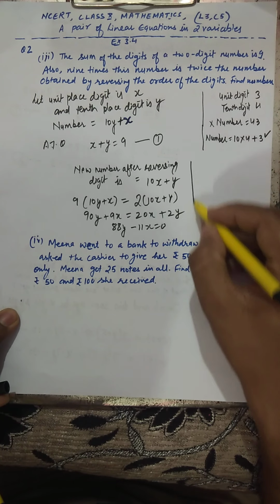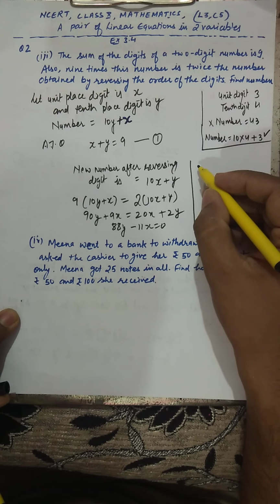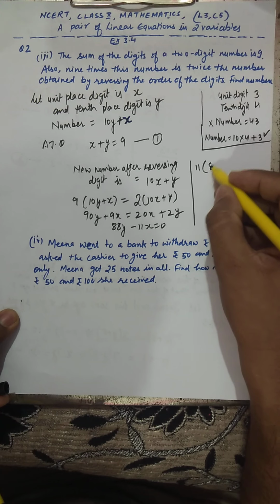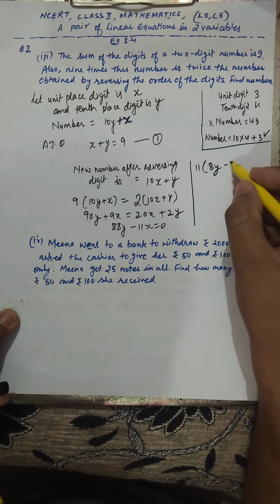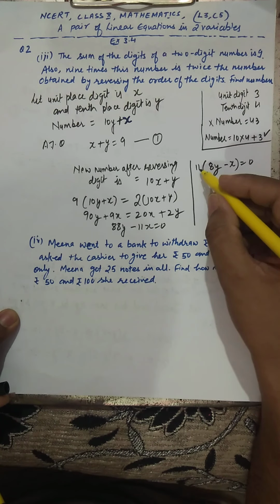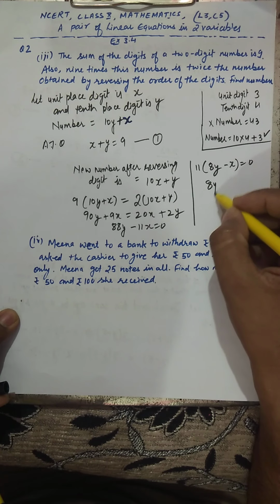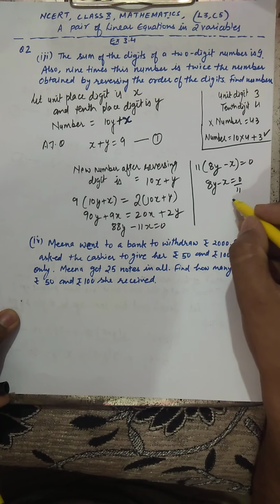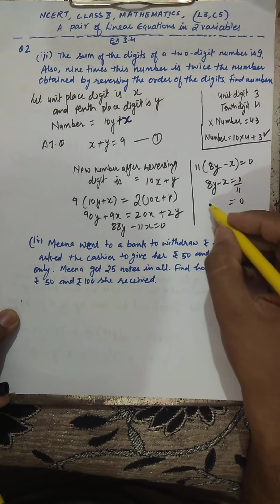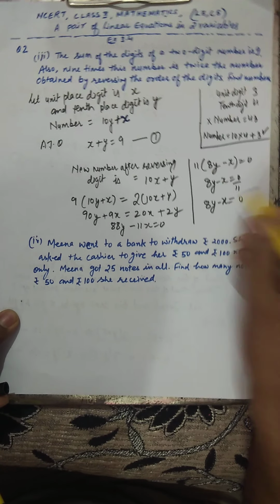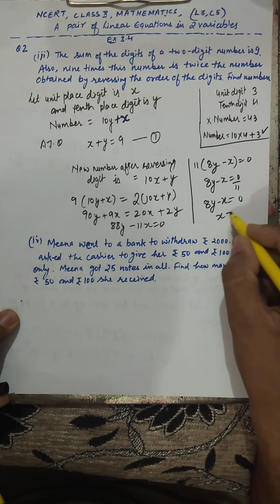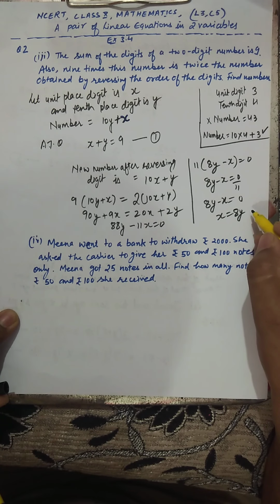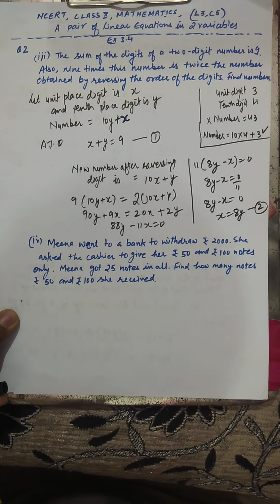You can see that 11 can be taken common. If I take 11 common, this becomes 8y minus x equal to 0, or you can say x equal to 8y. So this is your equation number 2.